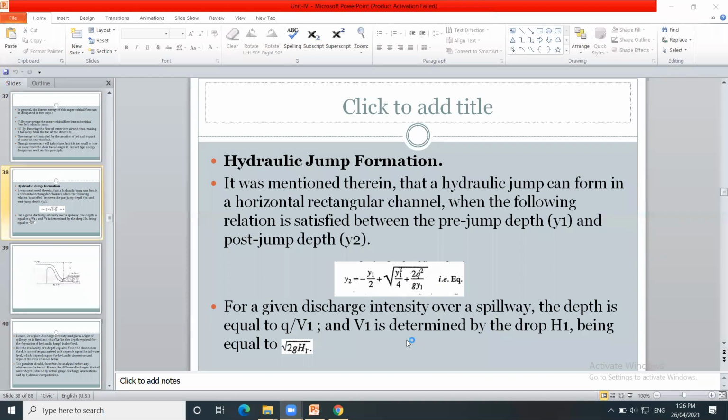So for a given discharge intensity on a spillway, the depth is equal to q by v1, and v1 is determined by the drop h1, being equal to root of 2g h1. So h1 is the drop, the first drop height, the height of the water.